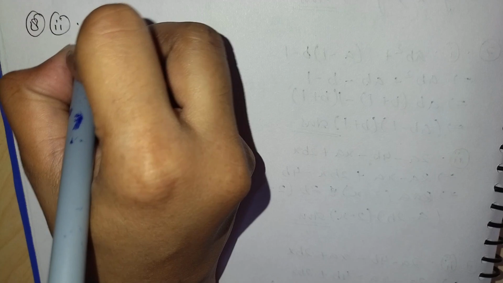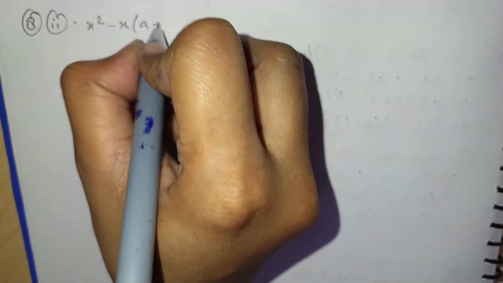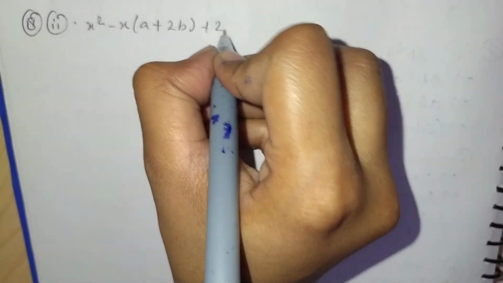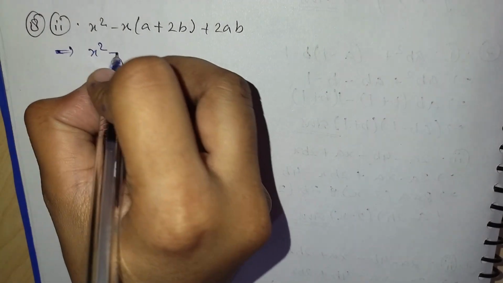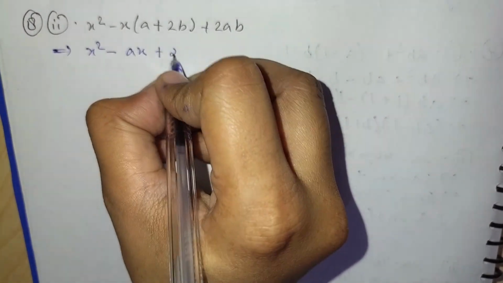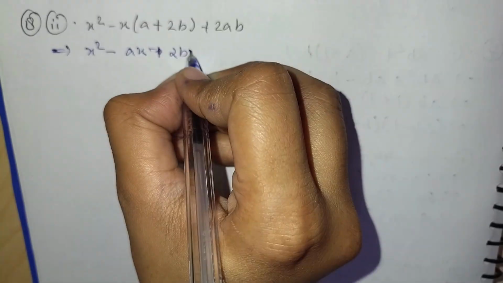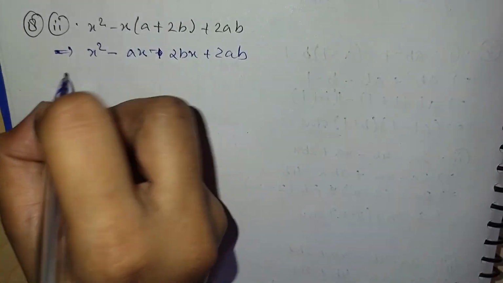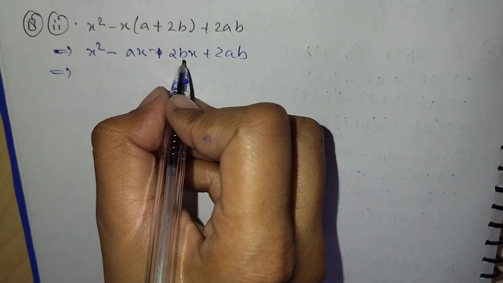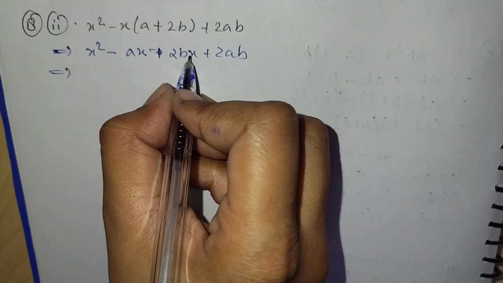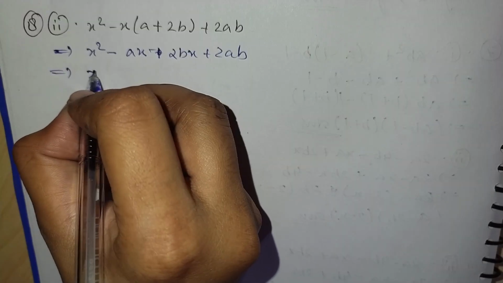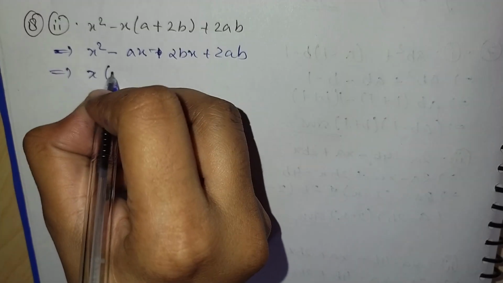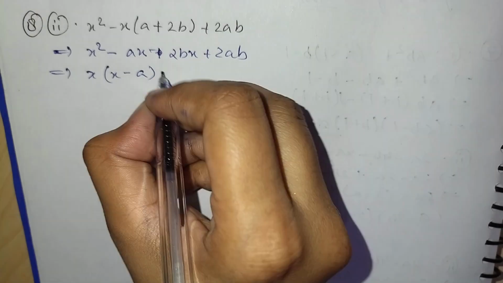Now the second question here is x square minus x a plus 2b plus 2ab here. So on solving this, we will get x square minus ax plus 2bx minus 2bx plus 2ab. Here we can take common x, so x, here we will get x minus a.